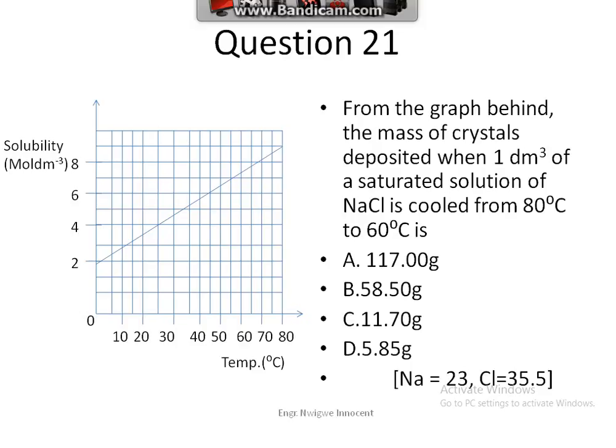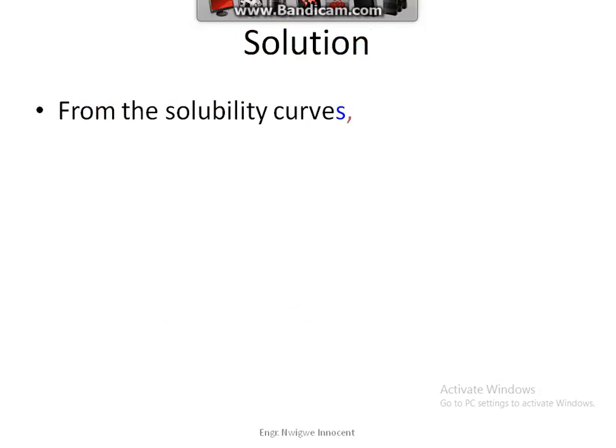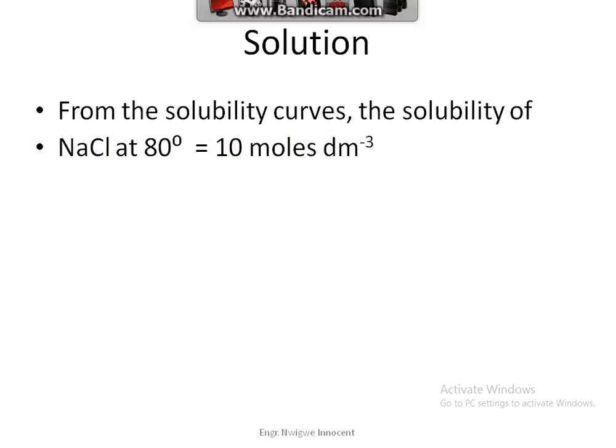Solution. From the solubility curves, the solubility of sodium chloride at 80 degrees is equal to 10 moles per dm cube. At 60 degrees is equal to 8 moles per dm cube.